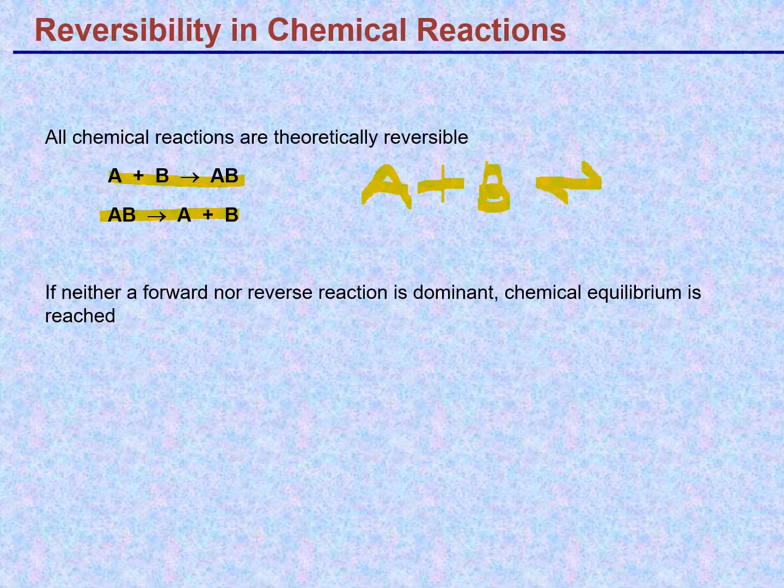Just put in a double-headed arrow, and you get A plus B can go to form AB, but AB can also reverse and split the covalent bond between the A and B and form A plus B. And these are in a constant state of flux, shifting back and forth.